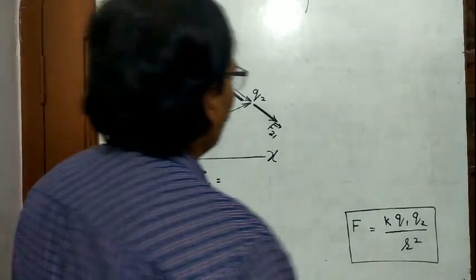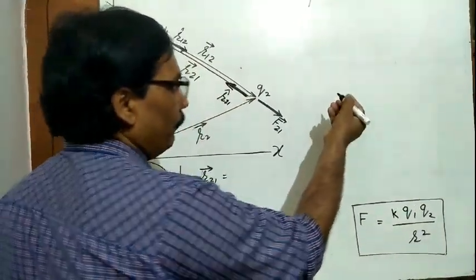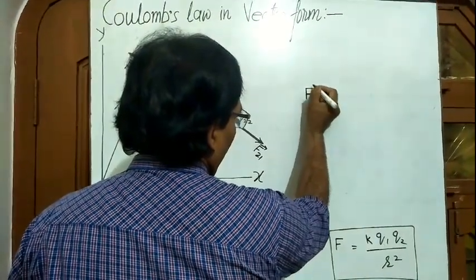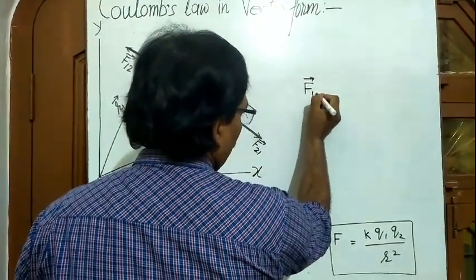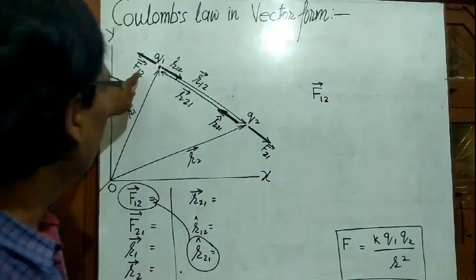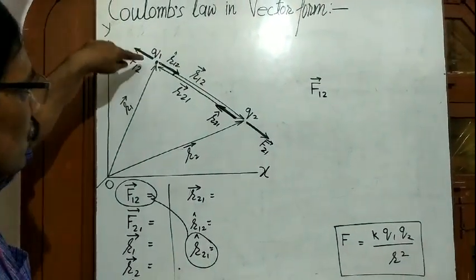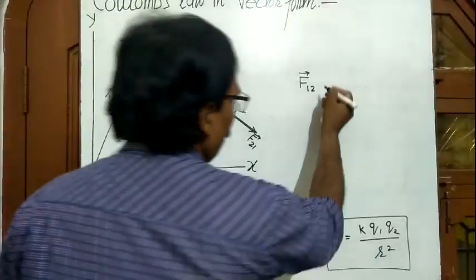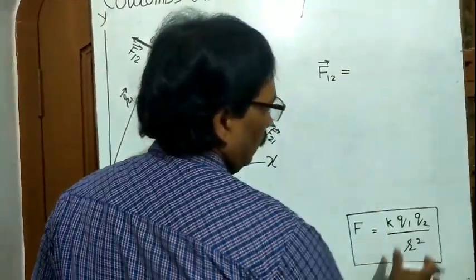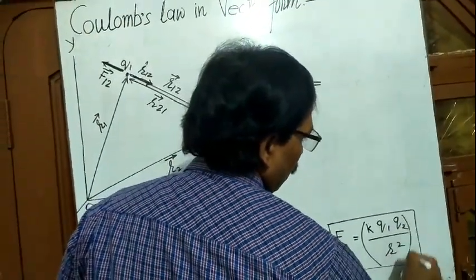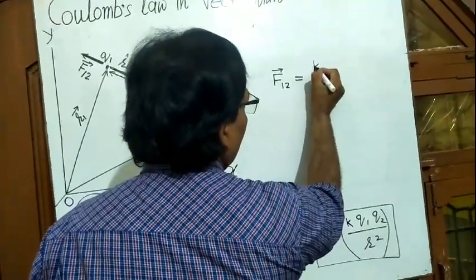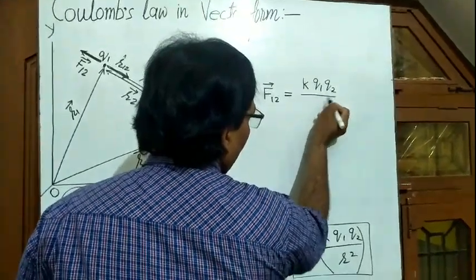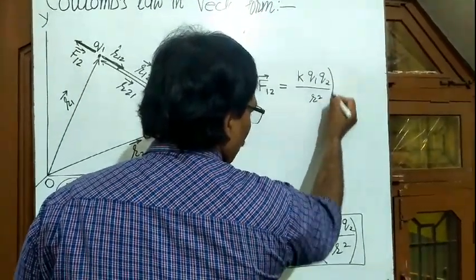So in vector form, it is written as force F12, which is the force acting on charge Q1 due to Q2. F12 is equal to, note down the magnitude first, that is K Q1 Q2 by R square. This is the magnitude.